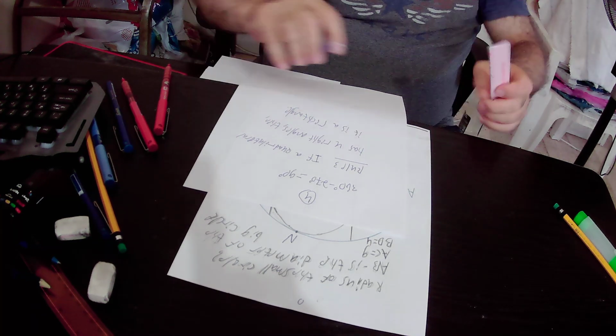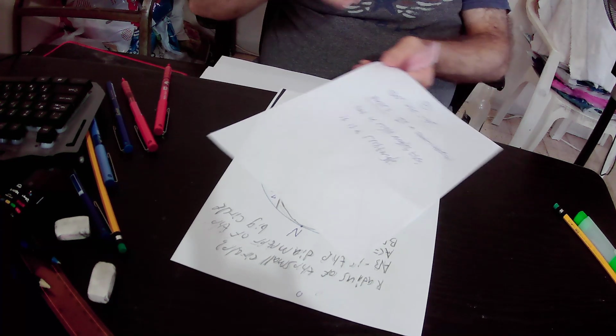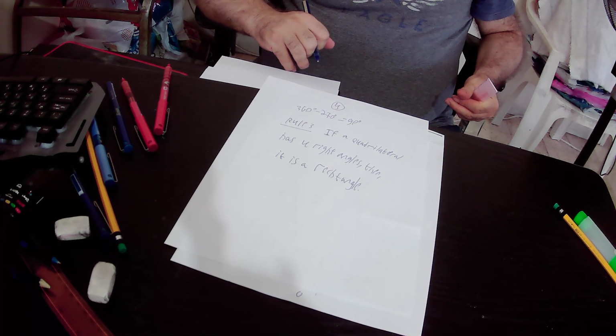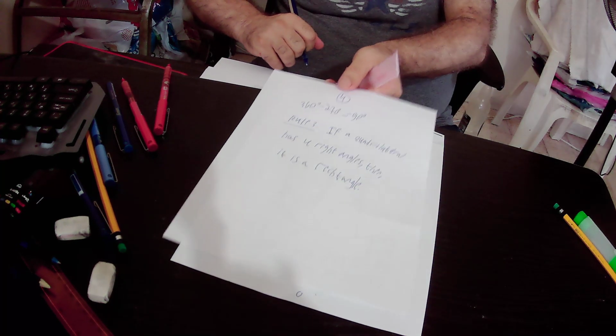Okay, according to rule number 3, if a quadrilateral has four right angles, then it is a rectangle.